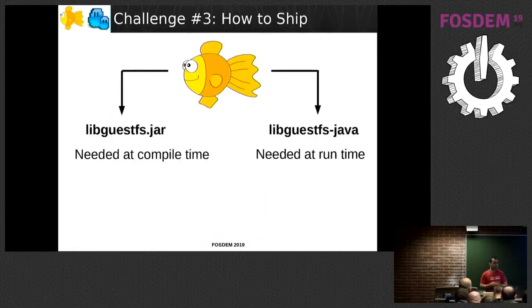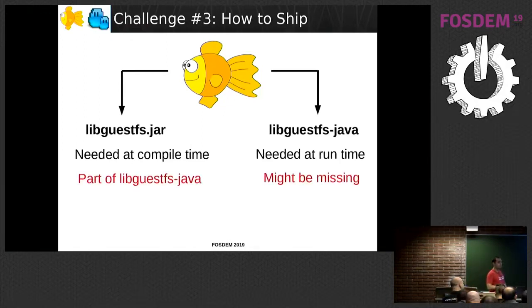And now about shipment. Usually, in Mu Commander, we take the Java clients that are provided by other projects and integrate them into Mu Commander. In libguestfs, there is no Java client. There is a Java binding that also includes the Java products that we need at compilation time. This raises two difficulties.